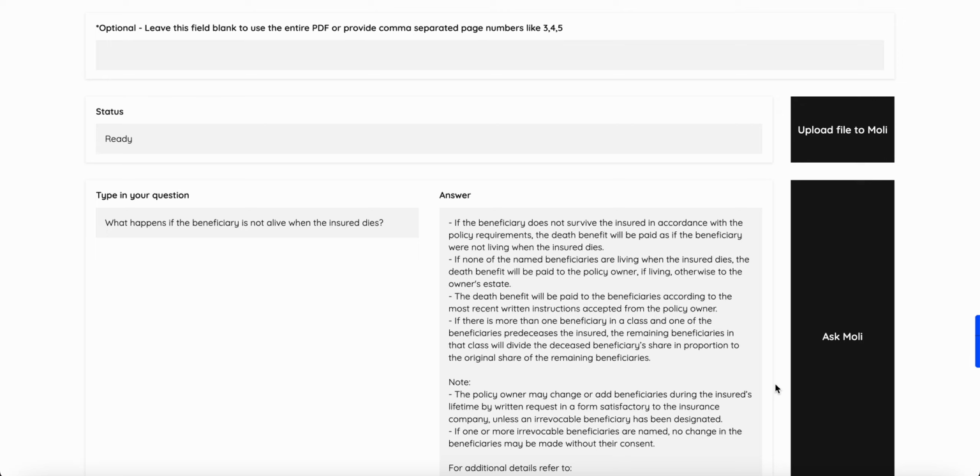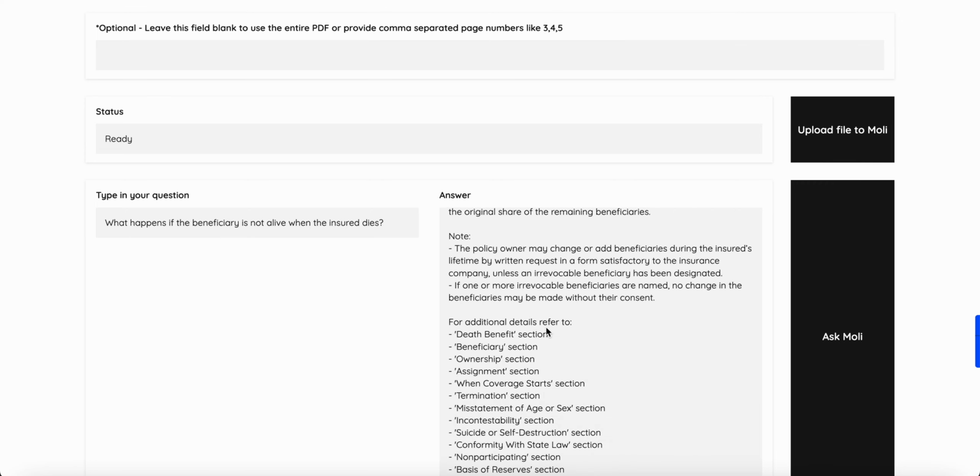Or if the policy owner himself is not alive, then it will go to the policy owner's estate, right? So once again, the model is giving us a pretty definitive answer. And on top of it, we are also getting additional details of section references where we can go and get additional details.